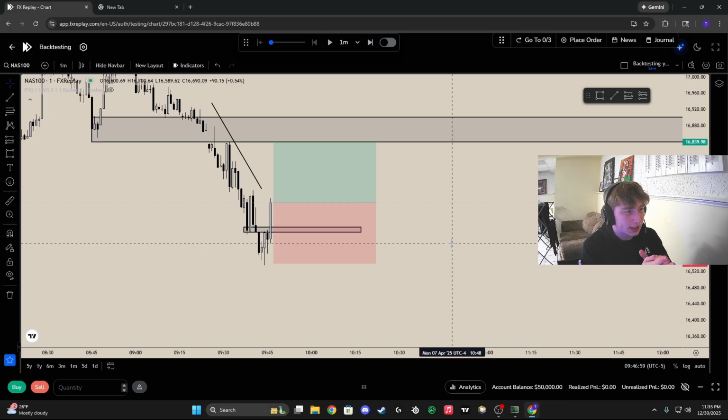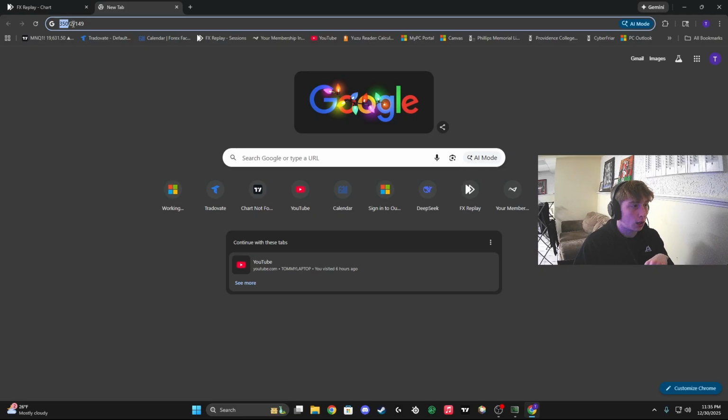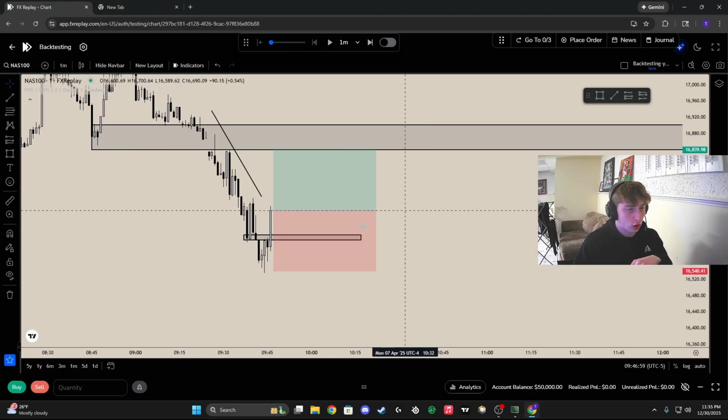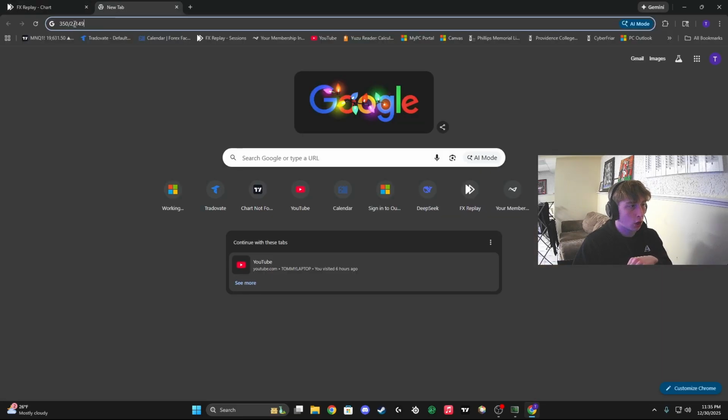For whatever reason, on backtesting, it's $2 per point, like I said, but for some reason on this chart, it's $1 per point. So when you're actually trading New York AM, NQ, you will always be doing your total you want to risk divided by 2 divided by your stop loss points.